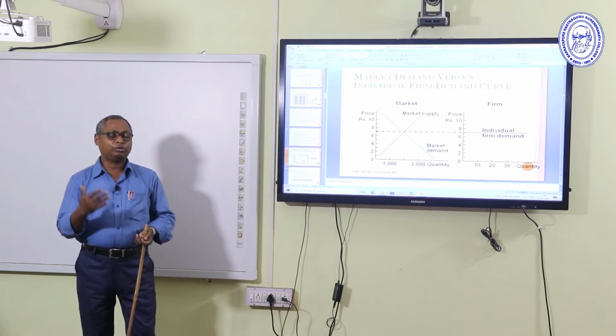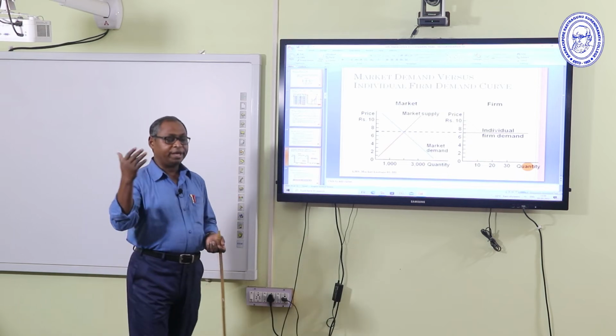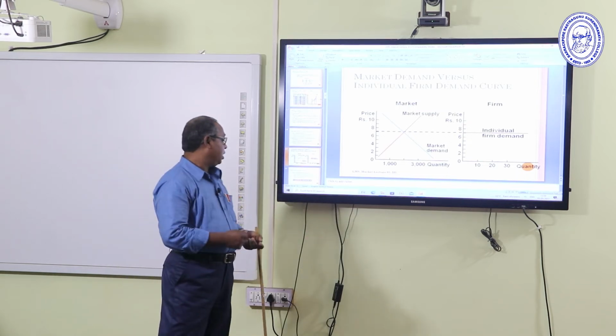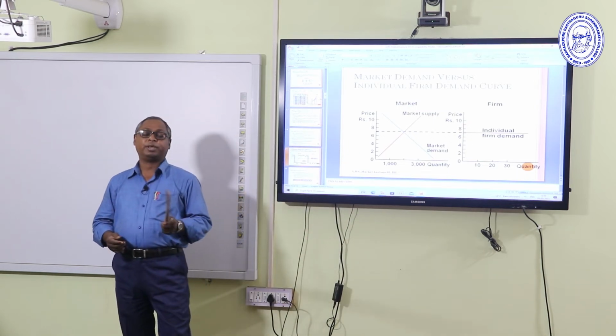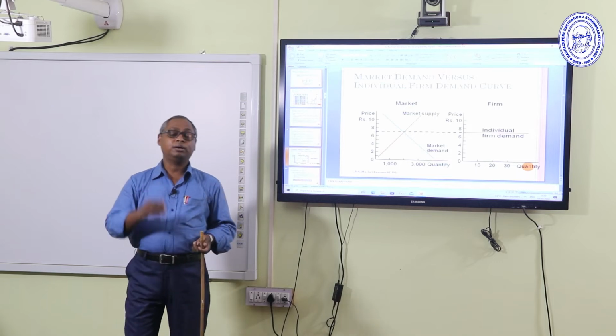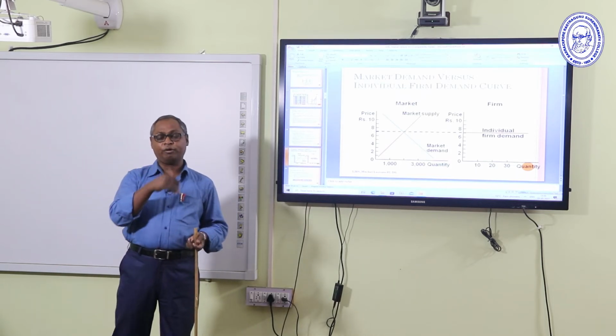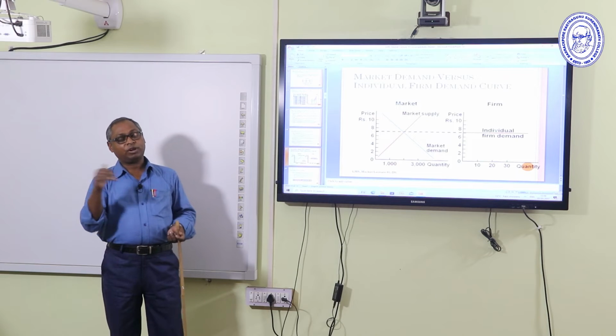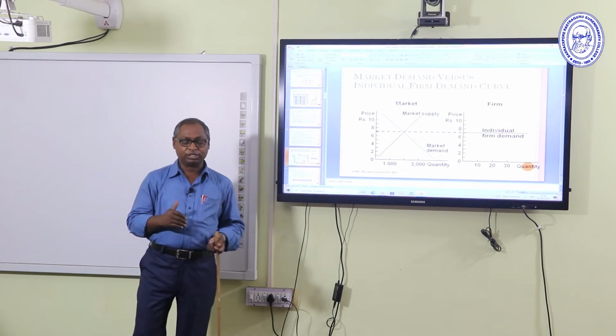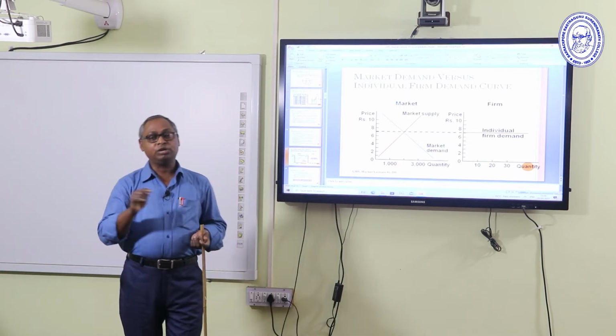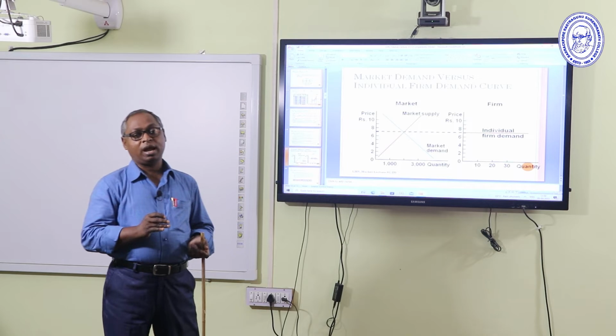Here, in order to get the farm supply curve, which is our main objective in the analysis, the farm supply curve will be derived from the cost setup of the farm. And here we follow the neoclassical set of cost functions, where there are U-shaped AC, MC and AVC curves.